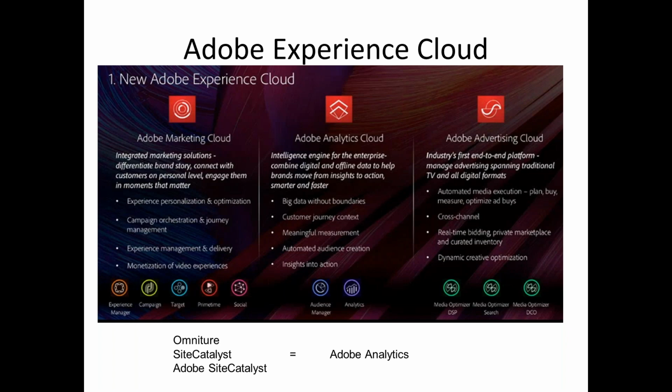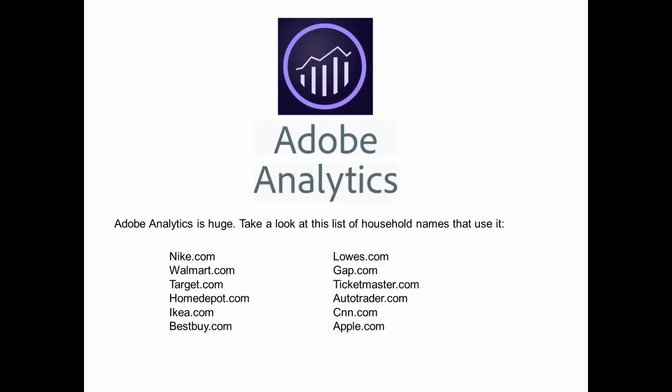They had a whole suite of products, and one of them was an analytics product called Site Catalyst. Adobe bought Omniture, and they rebranded and started to call it for a while Adobe Site Catalyst. And now, maybe nearly a decade ago or so, they started calling it Adobe Analytics. So if you ever hear somebody say Omniture or Site Catalyst, they're actually talking about Adobe Analytics.